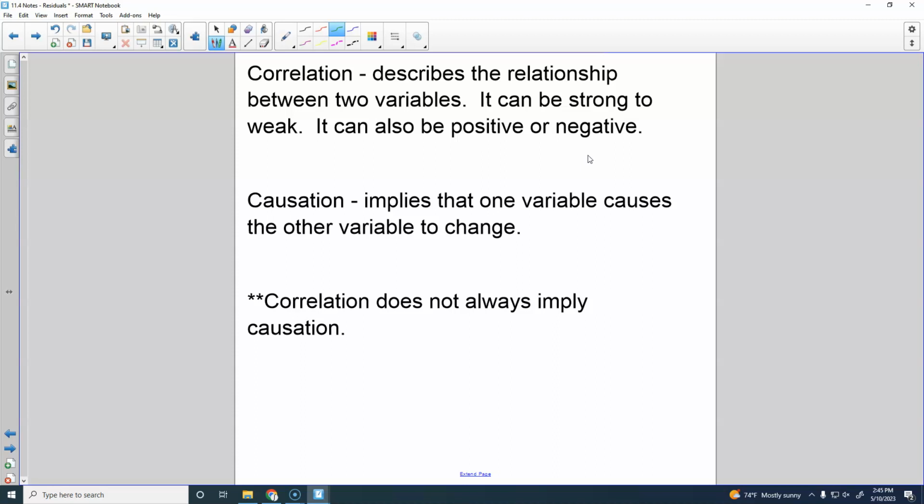One other thing you have to be very careful of is often you will look at two variables that may describe performance for different groups, but it doesn't necessarily cause that to happen. For example, you may look at socioeconomic status, so how much money your parents make, versus college acceptance rates. You're probably going to see the more money your parents make, the more likely you are to be accepted into college.